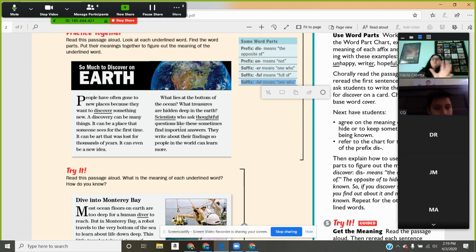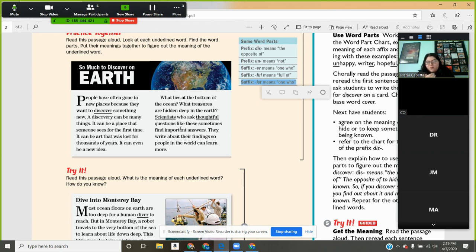All a suffix means is that it changes a base word. S at the end of a word makes the noun plural, so it's changing the base word. Same with ed. Ed is also a suffix.